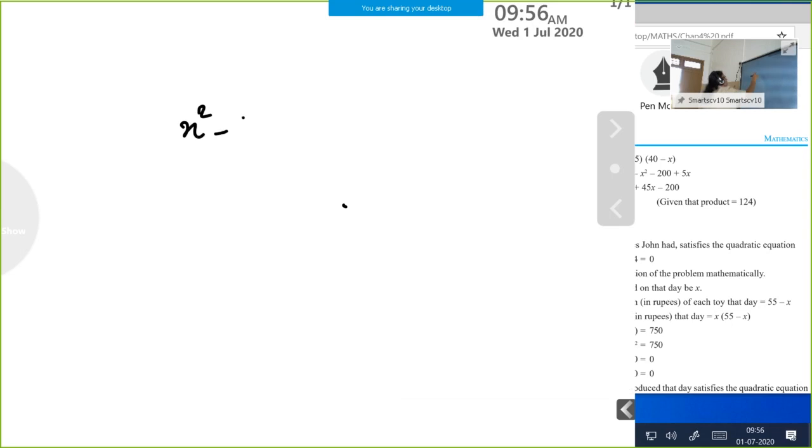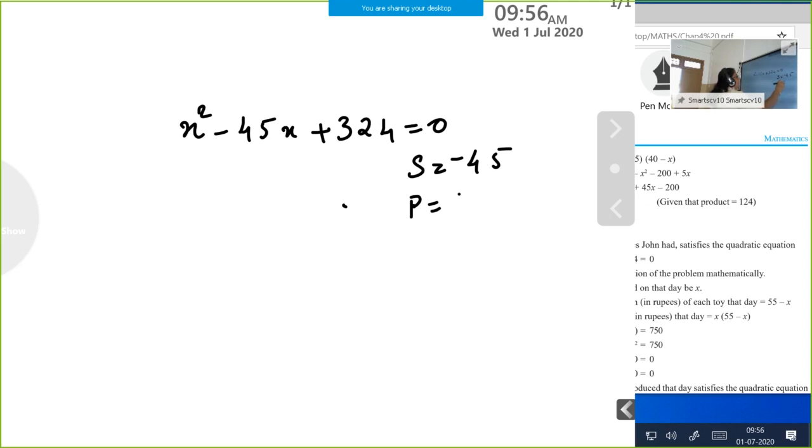x square minus 45x plus 324 is equal to 0. Solve using the splitting method. Here the sum is equal to minus 45 and the product is equal to 324. Then what are the numbers?